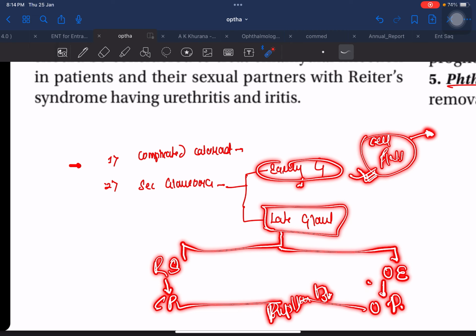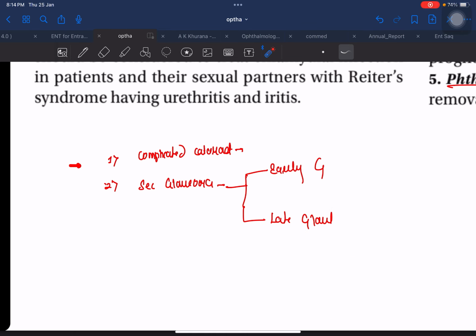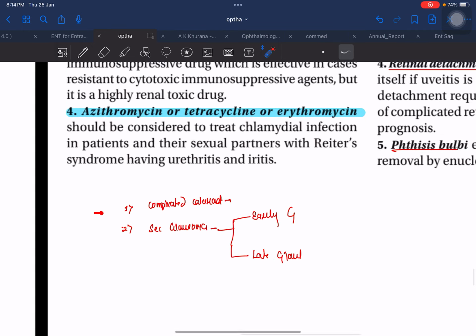Other complications are cyclitic membrane, similarly choroiditis, and retinal complications are also there. Papillitis, band-shaped keratopathy, and phthisis bulbi are also there. So these are the several complications of uveitis.